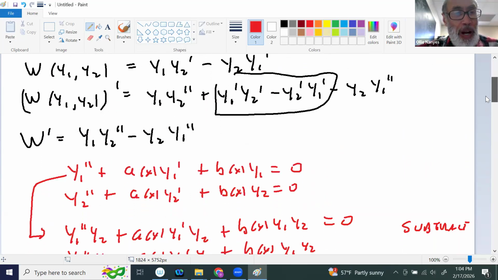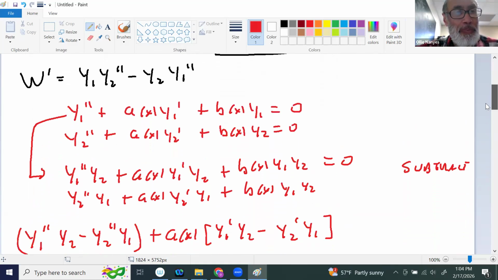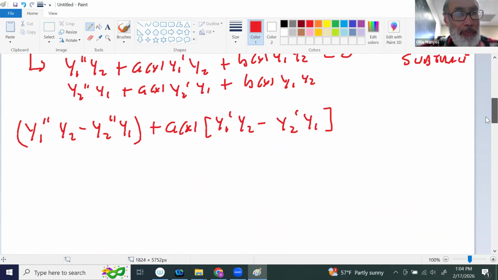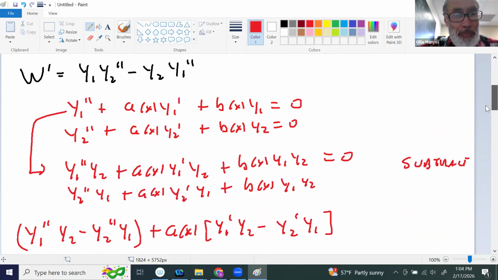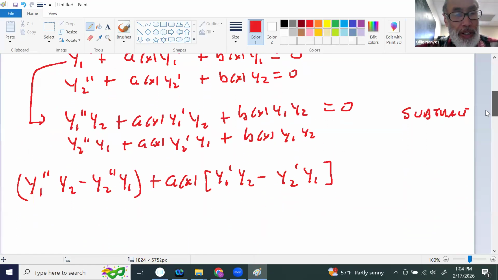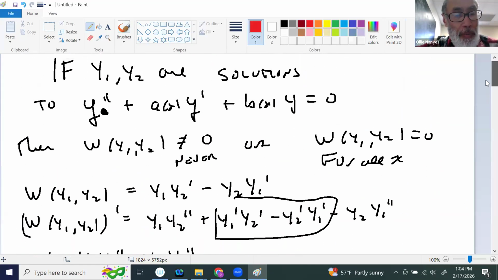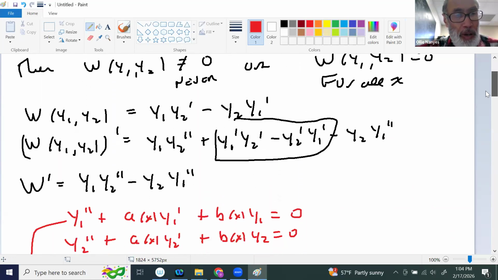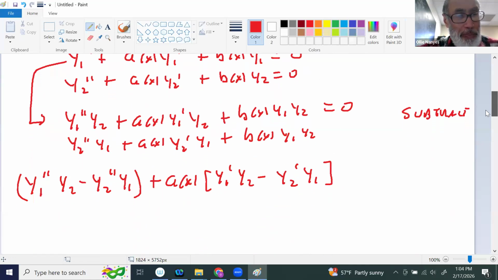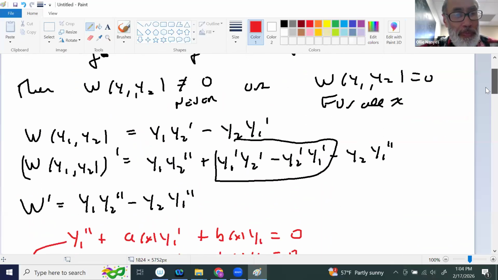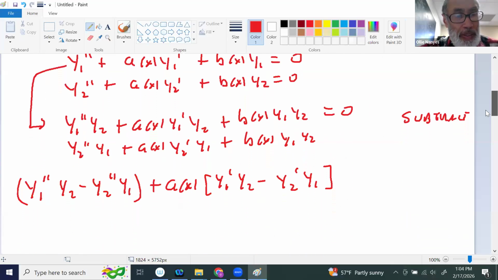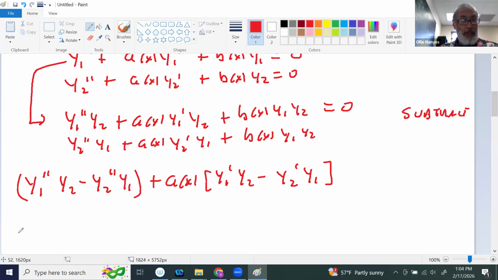Look at the derivative of the Wronskian. That's y1, y2 double prime. So this turns out to be minus the derivative of the Wronskian plus a of x.